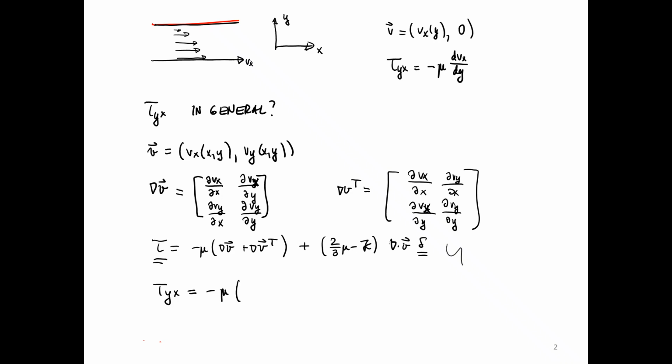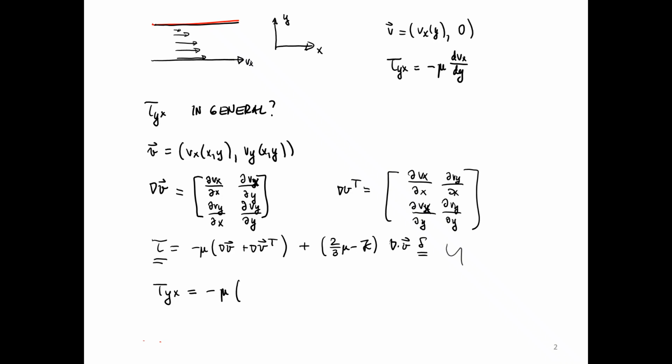That's the good news about these measures. Even if you flip who is x and who is y, you get the same. So in this matrix, this tensor, each element is within. And if I'm looking for a yx element, I'm going to take the yx element of this, and the yx element of this, which is the transpose of the same.